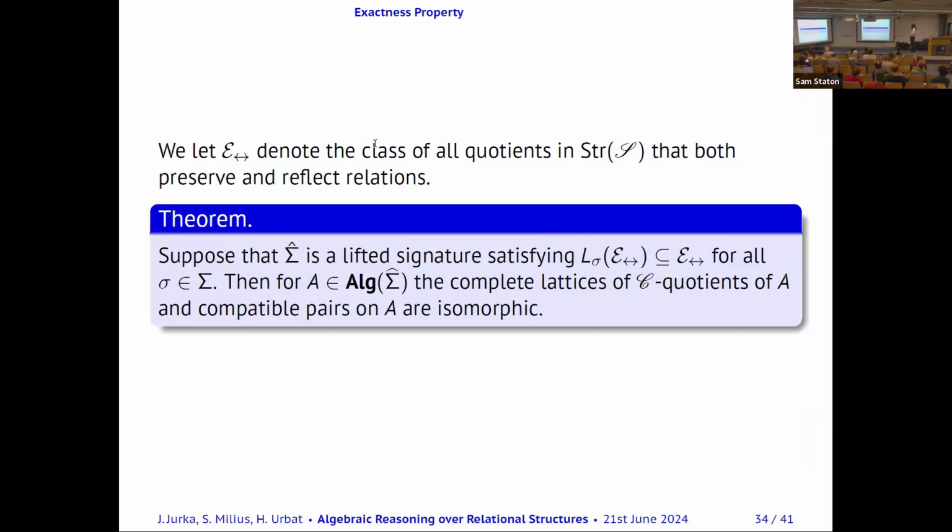And then when one has this, there's a bijection between quotients and these compatible pairs of refining structures and congruences. There's also a technical assumption that the liftings need to preserve the quotients that both preserve and reflect relations. Under this technical assumption, one has this exactness property.